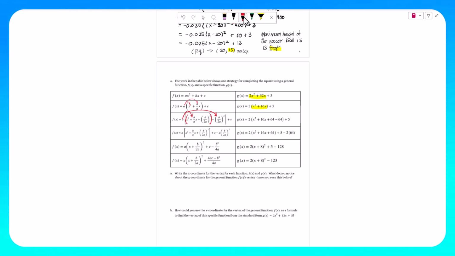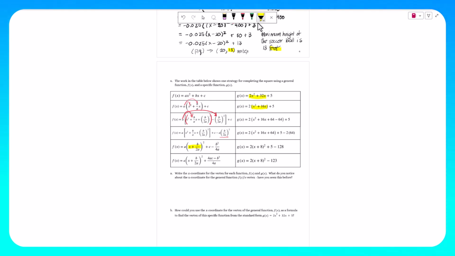So it's a times the trinomial plus c, and then it's a times the negative b squared, and so then they stuck that one on the end right here. And then they converted the trinomial to the perfect square binomial, like squaring the binomial. And then we have c minus b squared over 4a.